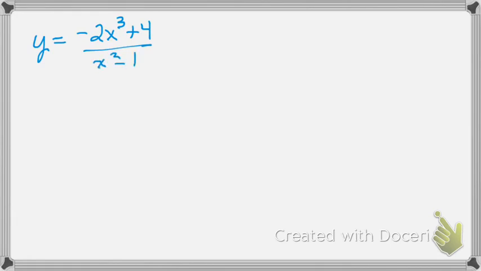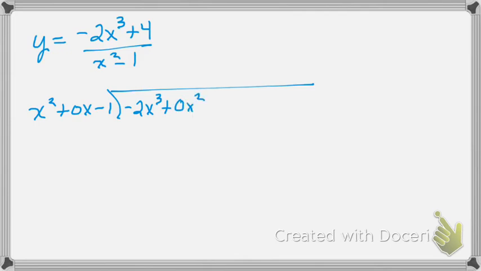So we're going to do long division. The divisor is x squared plus 0x minus 1, and on the inside I would have negative 2x cubed, a 0x squared, a 0x, and a plus 4. So we get to review our long division a little bit.